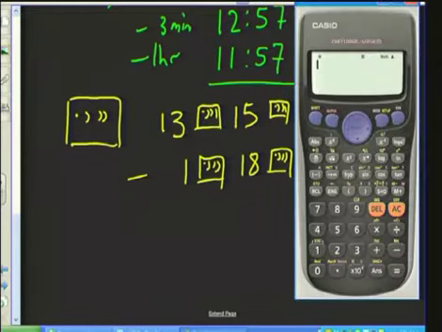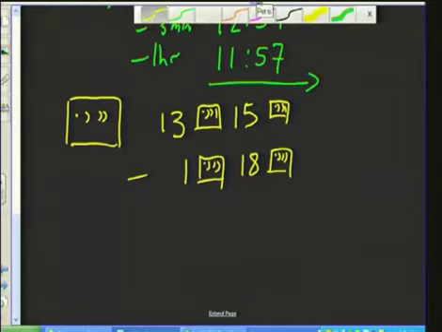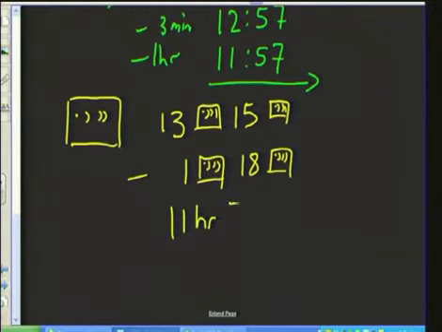So on the calculator, quite simple, we say 13 hours 15 minutes minus 1 hour and 18 minutes, and we get our answer 11 hours 57 minutes. So that is 11 hours and 57 minutes. And can you see that that's the same answer, but a whole lot easier to calculate?